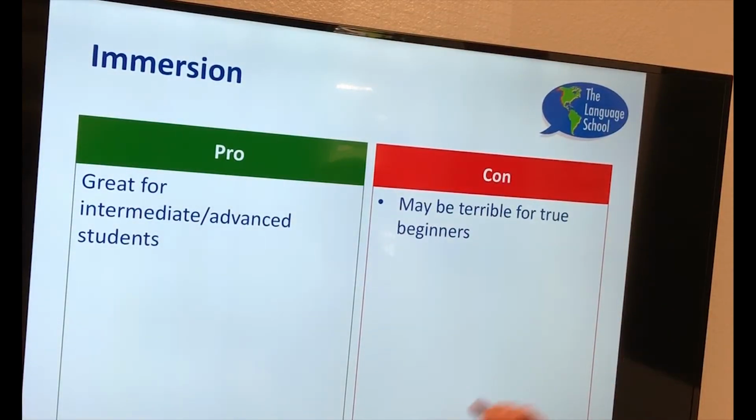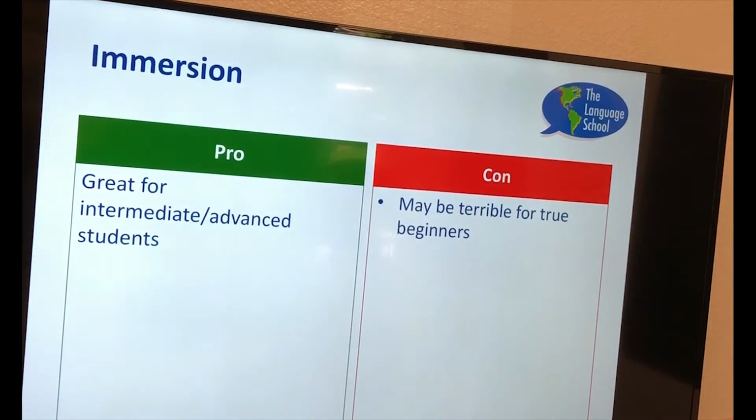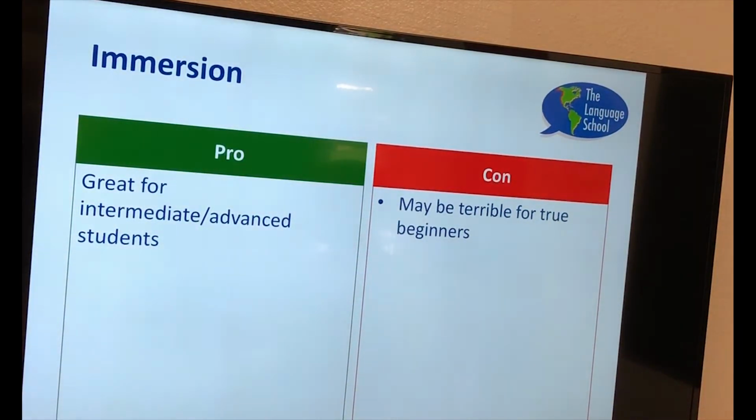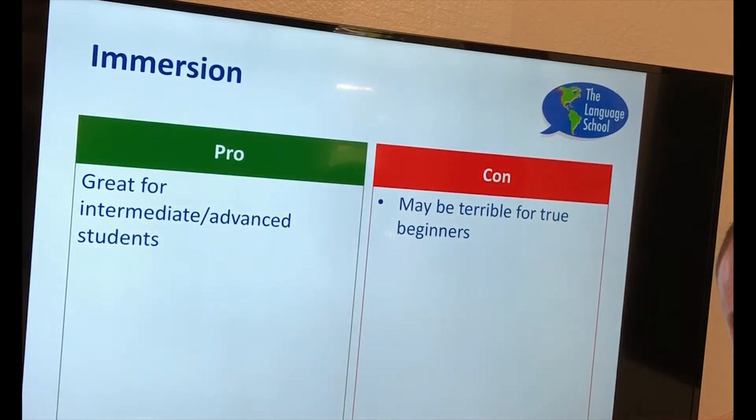But I want to tell you something very, very sincere that's based in my own personal experiences, because I did not do this. I think immersion is great for intermediate and advanced speakers, which means if you're going to move to a country like Spain or Mexico or Argentina, before you do that, try and study Spanish here locally, get a solid foundation in place so that when you get there, you can really take advantage of it.